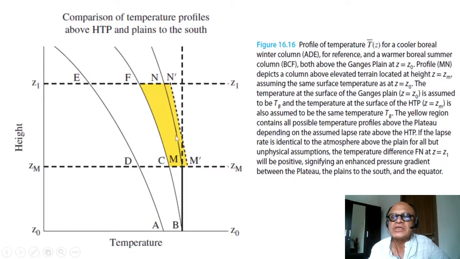So the yellow region here contains all possible temperature profiles above the plateau, depending on the assumed lapse rate above the plateau itself, the Himalayan Tibetan plateau.